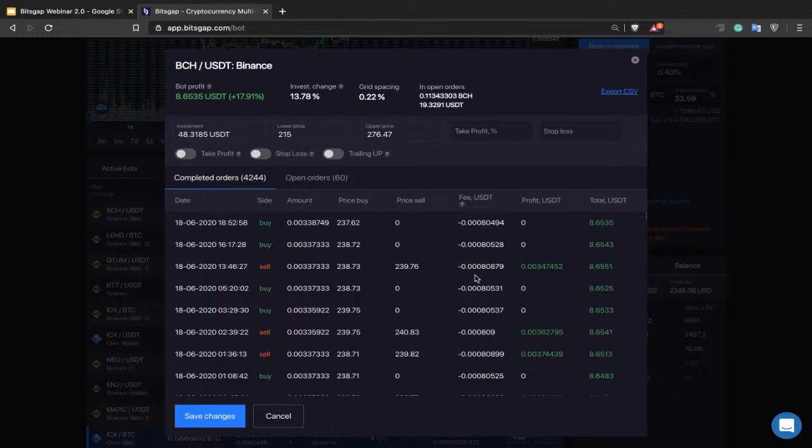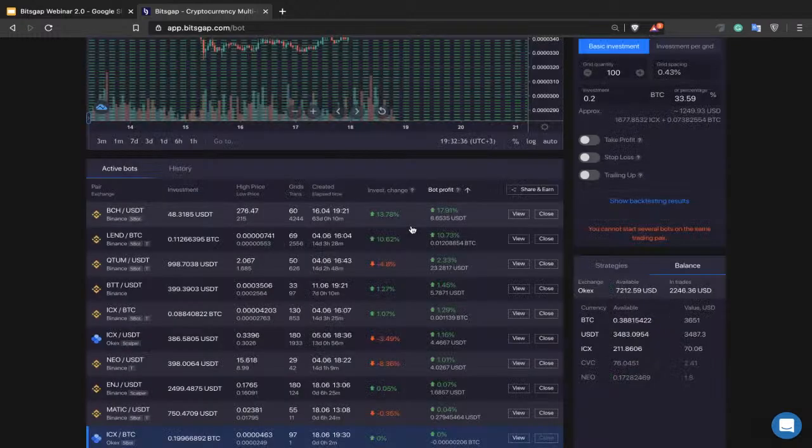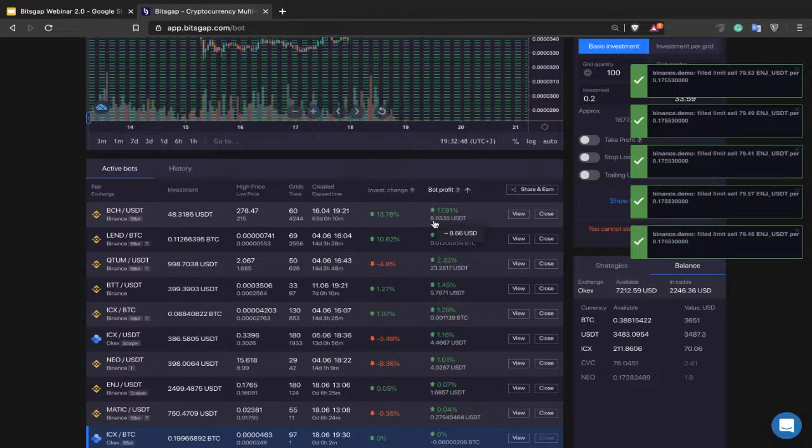Fees are deducted from our profits, and that is how we get our pure net profit. So that's another feature that we have at Bitsgap, compared with other platforms. We provide you with only transparent performance metrics. So you see here 8.65 USDT.